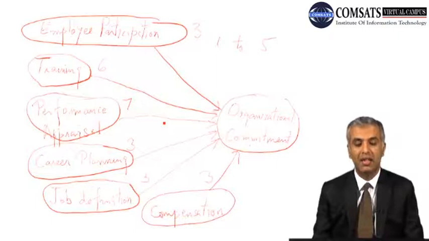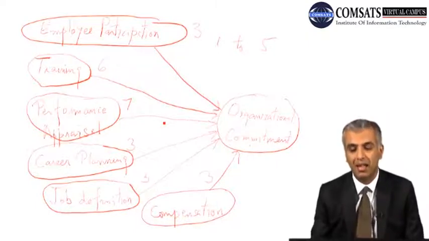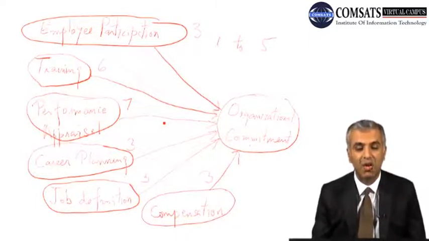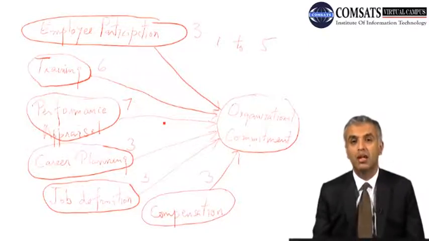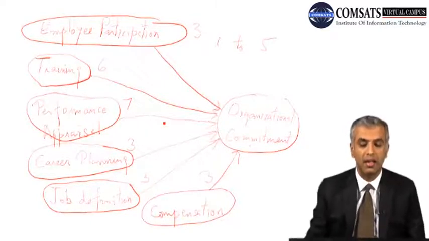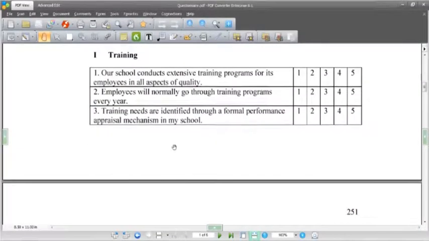Here you can see that we took 6 human resource practices and their impact on a certain attitude and behavior of employees, and we measured all of these characteristics through a questionnaire. You can see the questionnaire again on the screen, in which a simple construct like training is measured through different questions, again in the form of a 5-point scale.